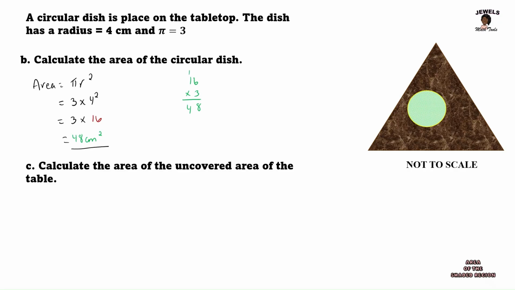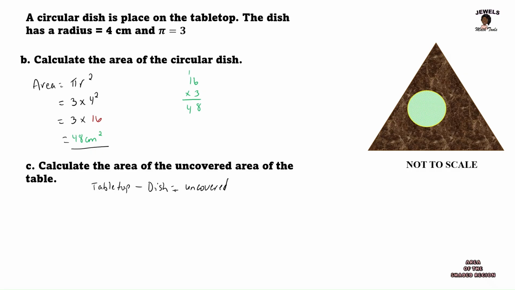So let's calculate the area of that uncovered area. So to do that, we're going to take our tabletop and we're going to subtract the area of our dish, which will give us the area that is uncovered by any other dish or utensils that is not on the table.